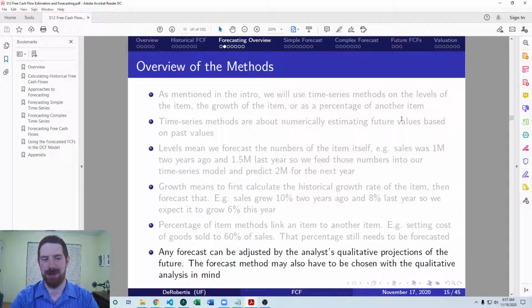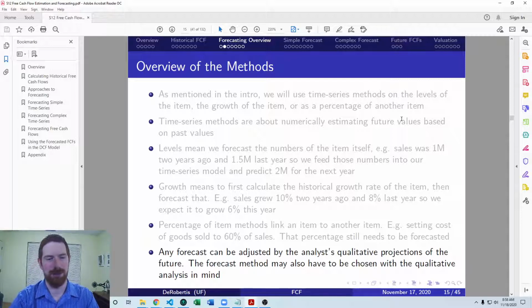You can say, well, here's the baseline from the model, but because of this new project that the company is going to start, or this additional risk factor which has become more of an issue lately, or whatever your analysis of the company's operations is, you can incorporate that into your projections and say, no, I actually need to adjust some of these periods because of this additional information I have, which is not reflected in the historical financials.